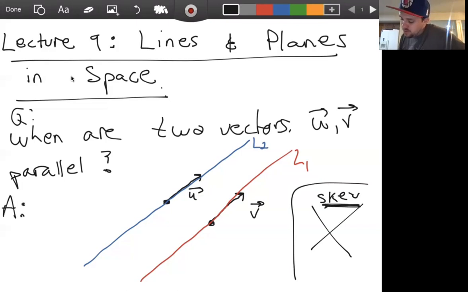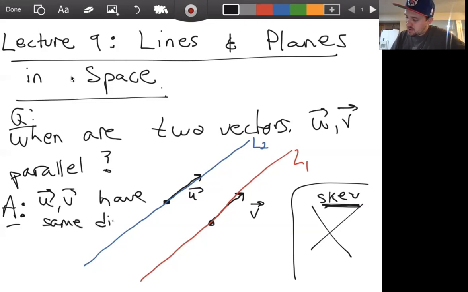Okay, but we can be a little more specific about when the vectors are parallel. We say the vectors are parallel when u and v have the same direction or opposite direction.